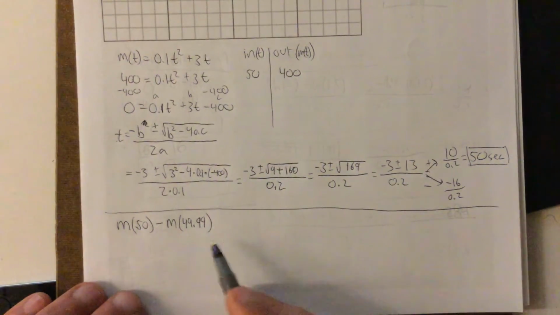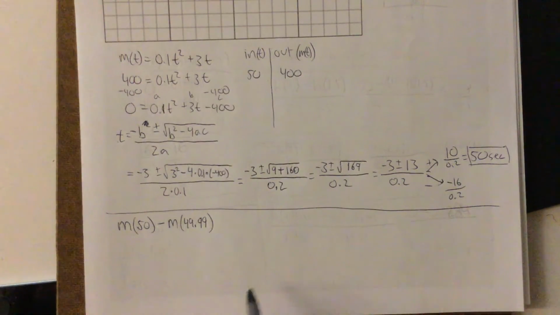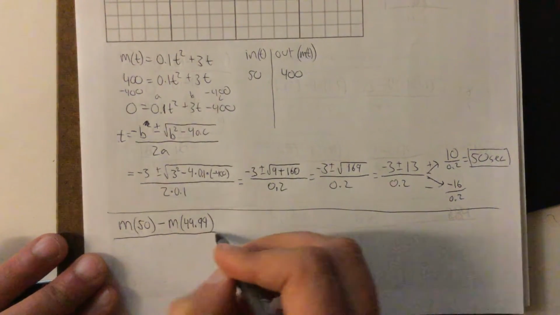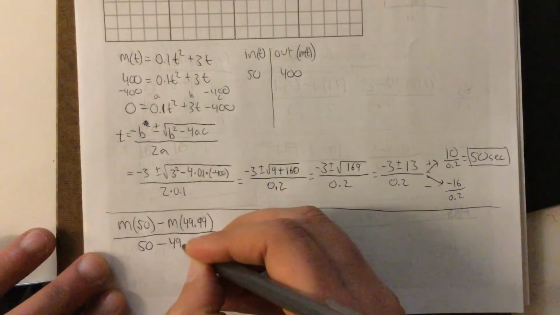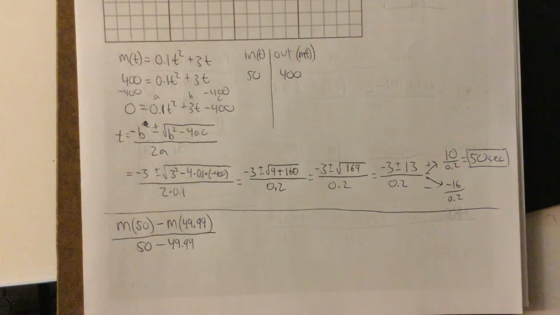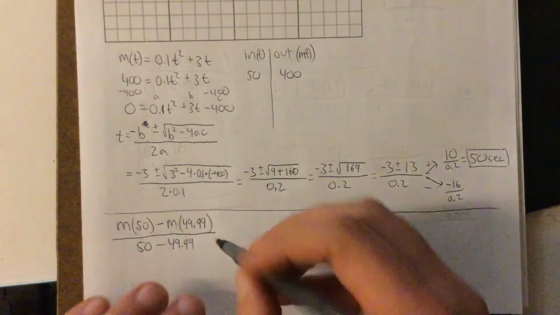That's 0.01 seconds before she crossed the finish line. A very, very good estimation of our instant. And then of course, we subtract the final time minus the time right before it.